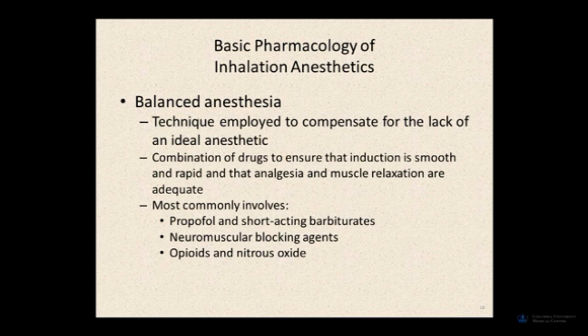What's often given is propofol, which is a general anesthetic drug, plus short-acting barbiturates, right? So CNS depressants that have a short life. We also tend to give neuromuscular blocking agents to induce paralysis, and we also tend to give opioid drugs and/or nitrous oxide for the analgesia.